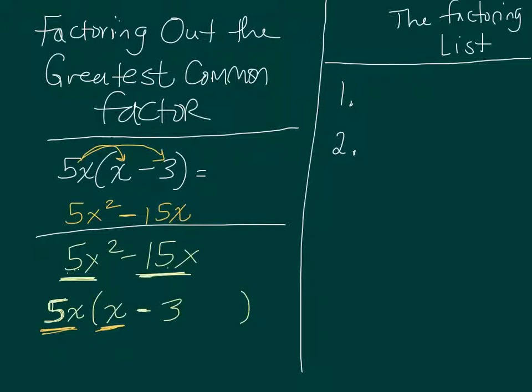And then x divided by x, that's just 1. That goes away. They cancel. They become 1, we can say. So really what I have is the expression 5x times x minus 3. This is the factored form. This is factoring. I've just factored that expression, 5x squared minus 15x.